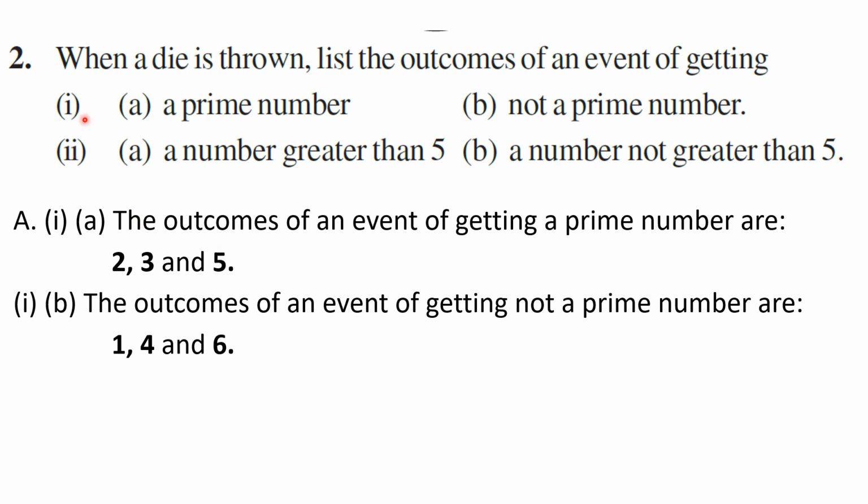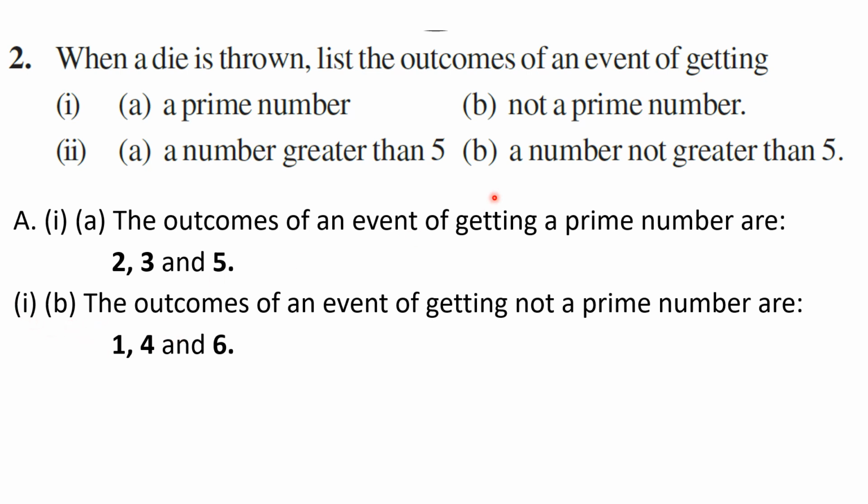Now we can answer these questions very easily. So part 1A is a prime number. Now 1 to 6, how many prime numbers are there? There are 3 prime numbers, 2, 3 and 5. So the outcomes of an event of getting a prime number are 2, 3 and 5 when you throw a die.